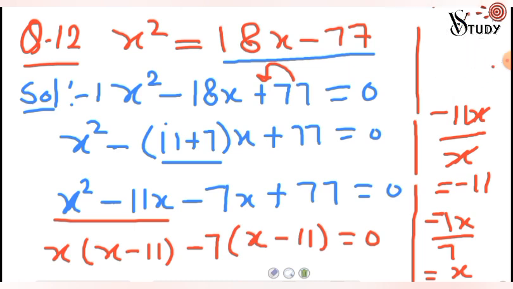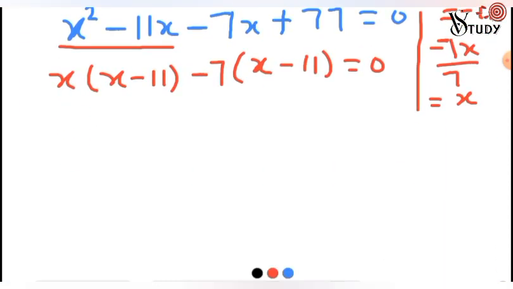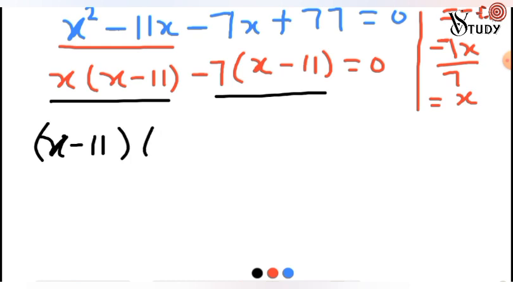In the same way, when you divide positive 77 by negative 7, the final answer is negative 11. Now from these two terms we can see x minus 11 is a common multiple. So we take x minus 11 as common. Now we have x minus 7 equal to 0.